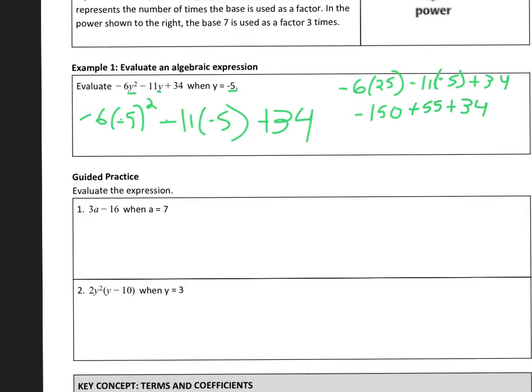And from then on out, I can just add these 3 together, all right? So -150 plus 55 is going to be -95 plus 34. -95 plus 34 ends up being -61. And that's my simplified expression. I evaluated that expression, okay?